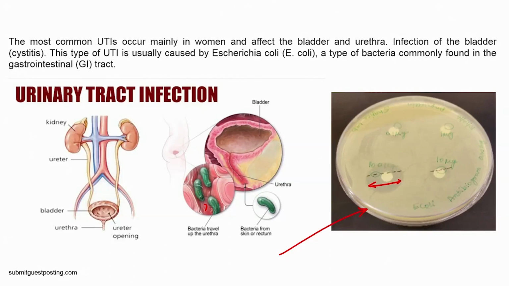It means 100 microgram is more effective compared to 10 microgram, compared to 1 microgram and compared to 0.1 microgram, right. But there is something called minimum inhibitory concentration, MIC, that one has to take care of when prescribing the antibiotic.